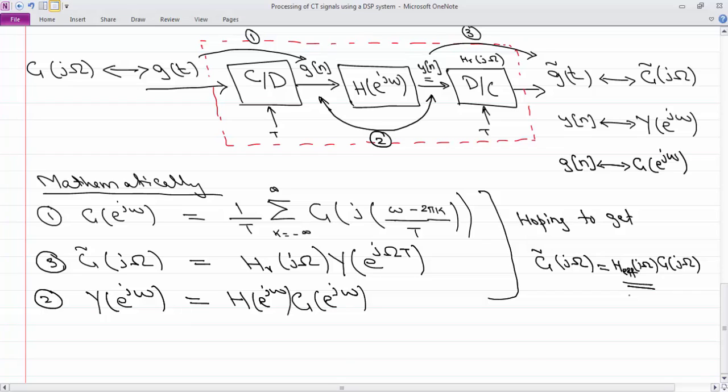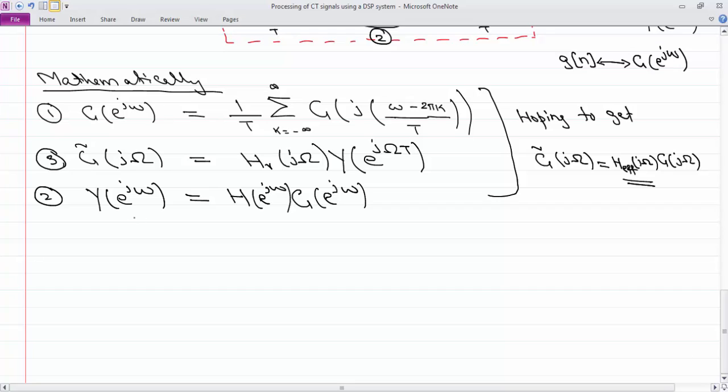That's what we are trying to do. So to do that, we'll start substituting different values into these expressions. Let's start with 3, because we want to write G tilde j omega equal to something.